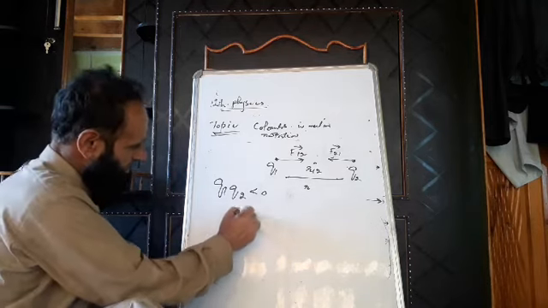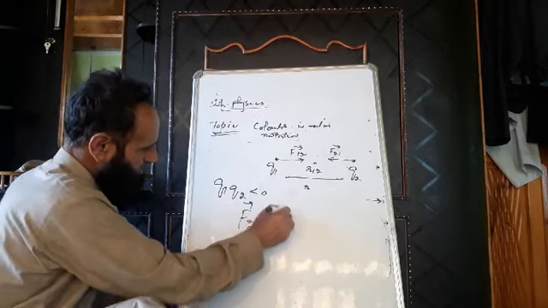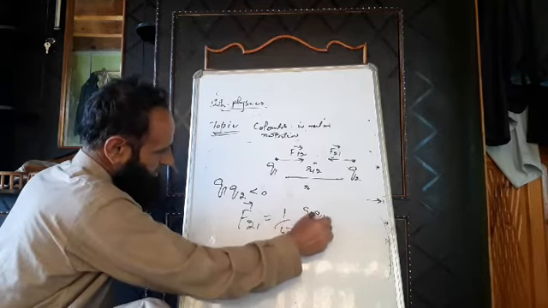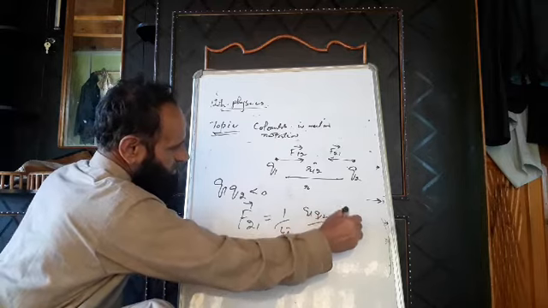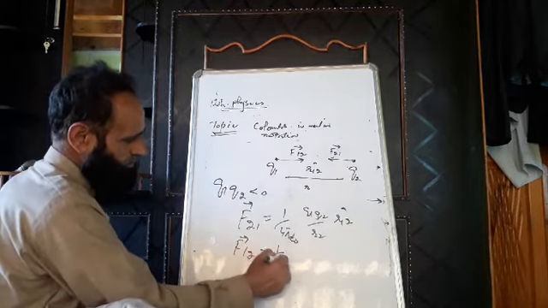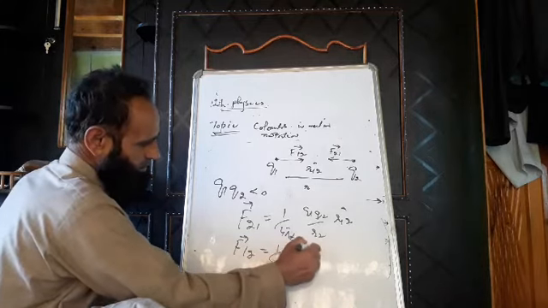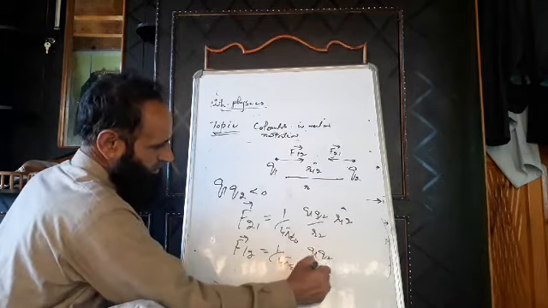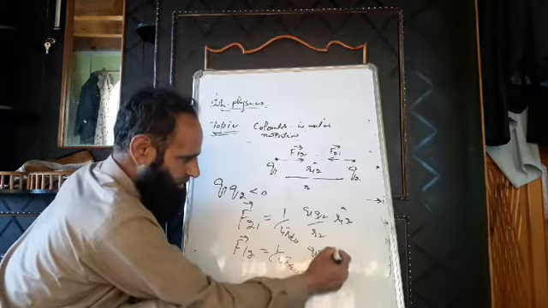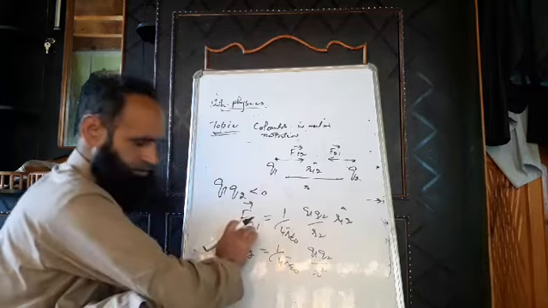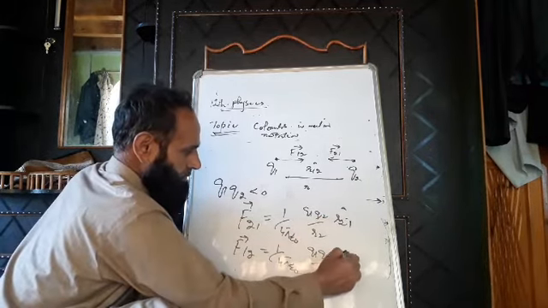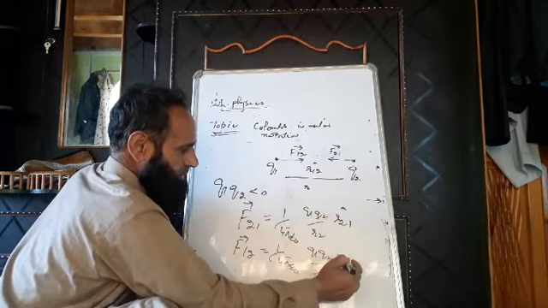F21 would be 1 by 4 pi epsilon naught Q1 Q2 divided by r square into R12 unit vector, and F12 would be 1 by 4 pi epsilon naught Q1 Q2 divided by r square into the R21 unit vector.